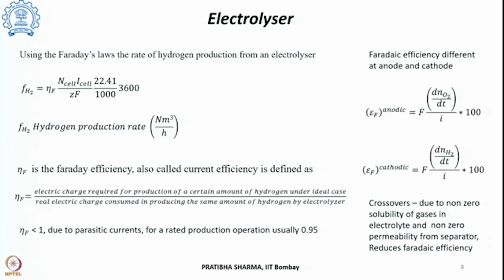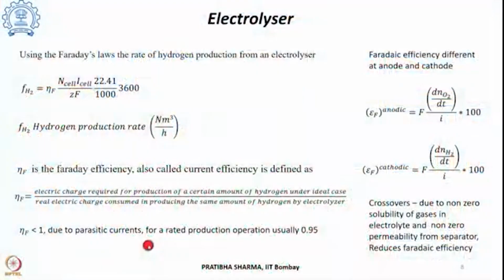These parasitic currents flow through the electrolytic cell, but they do not contribute towards hydrogen production, and they may participate in unwanted reactions, or at times certain amount of hydrogen being produced may be lost and could not be collected in the process. So, if the electrolyzer is operating at a rated production capacity, usually this value of the Faraday efficiency is less than 1, and typically at max it can be even 0.95 or slightly more than that.